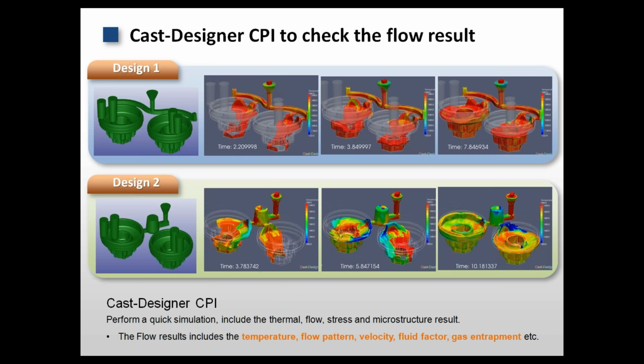And then here is another case in gravity casting. We finished the case, this is gravity casting, a flow process, and the simulation time should be longer than the HPDC because the process is longer. For example, the filling process is finished in 10 seconds, but in HPDC, the filling process is much shorter.